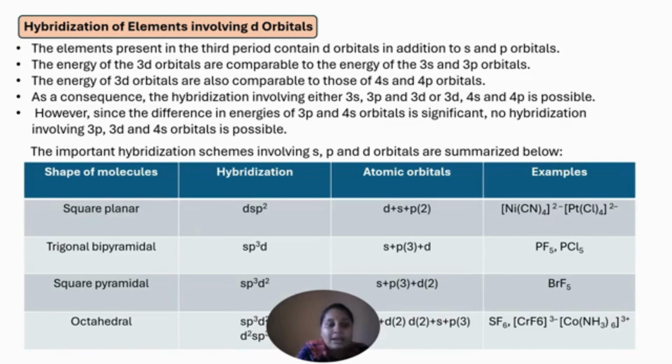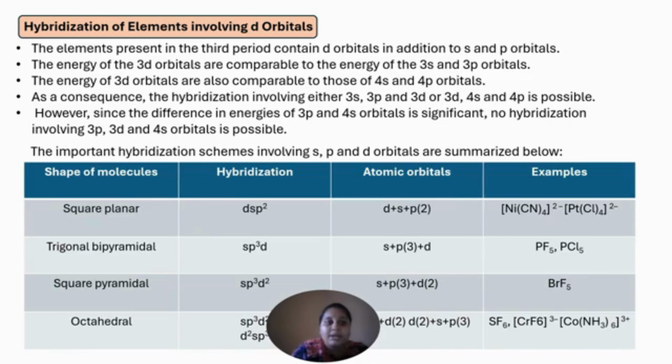For square planar, the hybridization is dsp2. The atomic orbitals combined are d, s and p2. Examples are [Ni(CN)4]2- and [PtCl4]2-. The next is trigonal bipyramidal. The hybridization is sp3d, that is s plus p3 plus d. Examples are PF5 and PCl5.